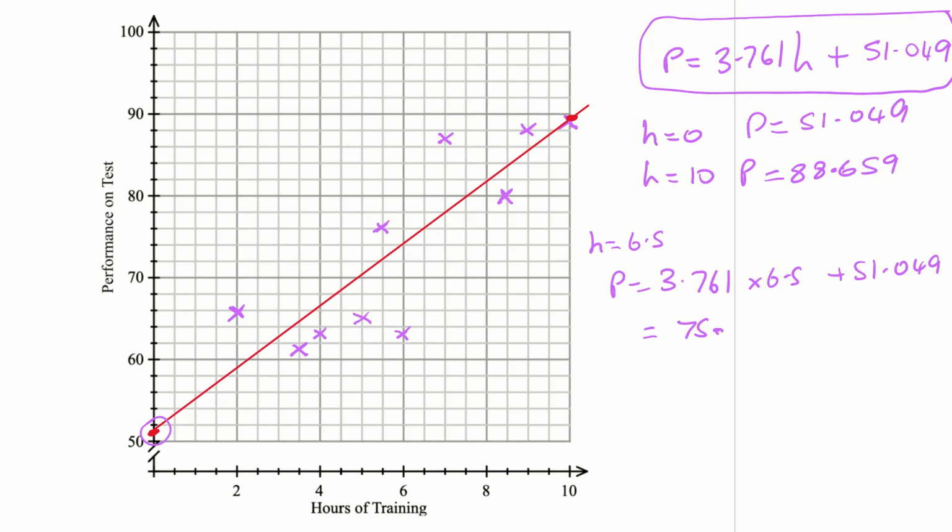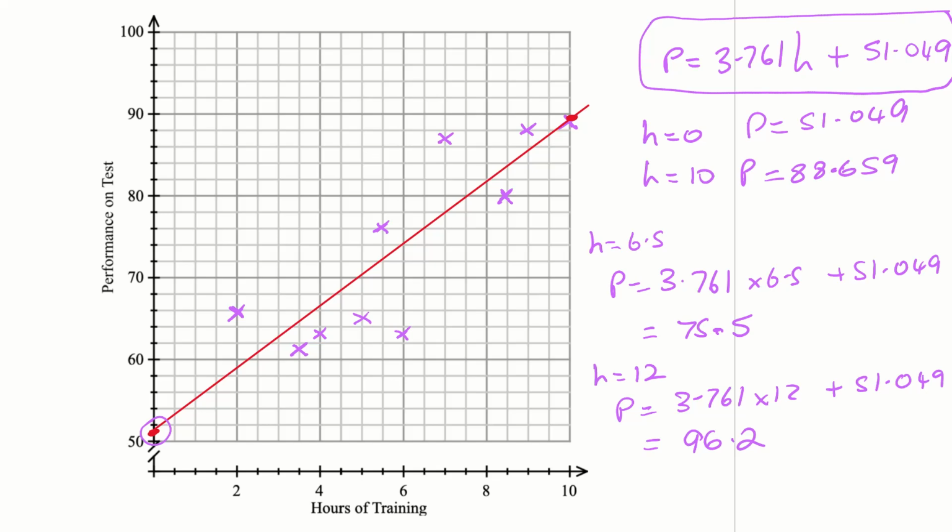I'm just going to call that 75.5. And for the one that studied 12 hours, we'd do 3.761 times 12, add 51.049, and that comes out at about 96.2.